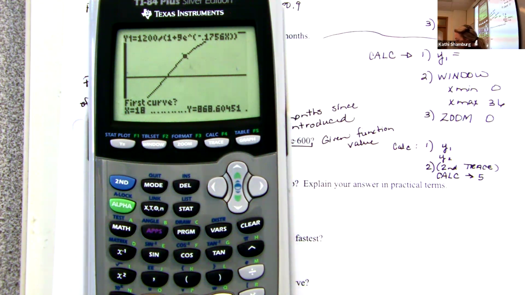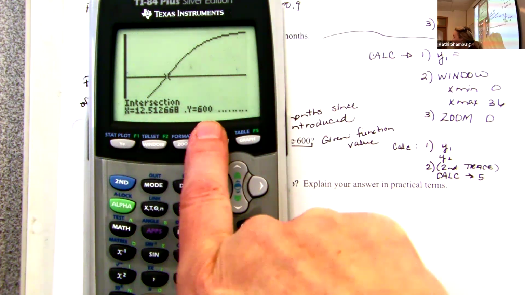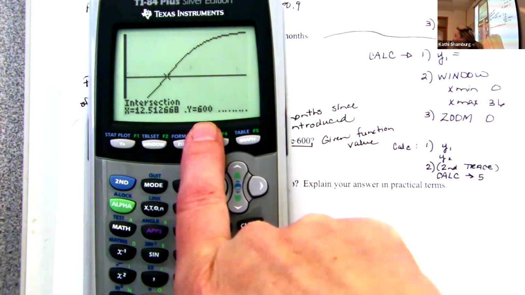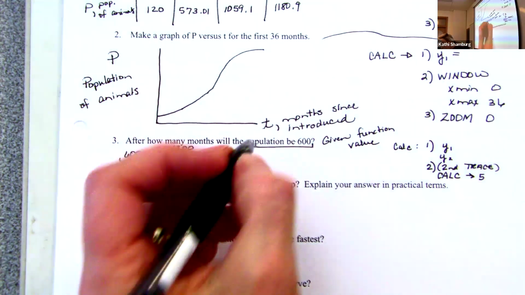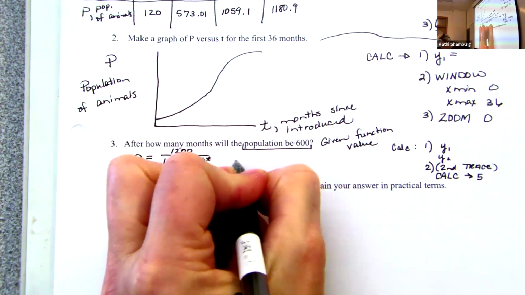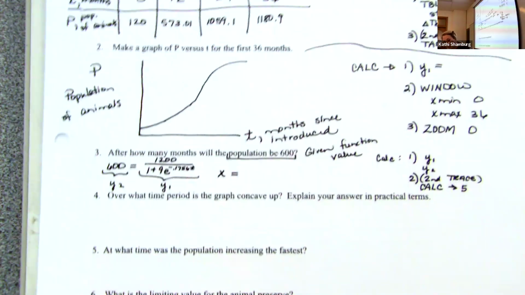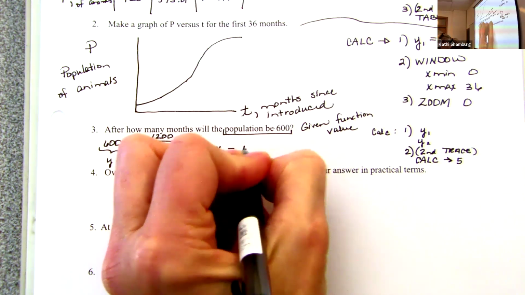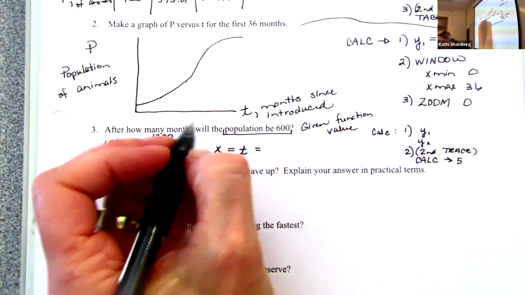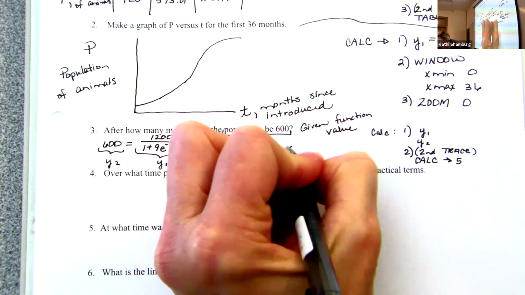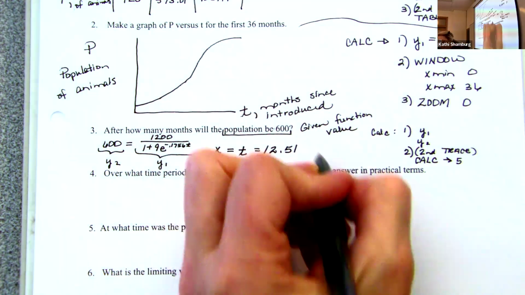It's not on the intersection, it's on one of the curves. So first curve, enter, second curve, enter, guess, enter, and then you're given X and Y. Y is the 600 that we already put in for our Y2, correct? So we're looking for X, but in our case, X is what letter? T. And I'm going to go 2 decimals, 12.51 what? Months.